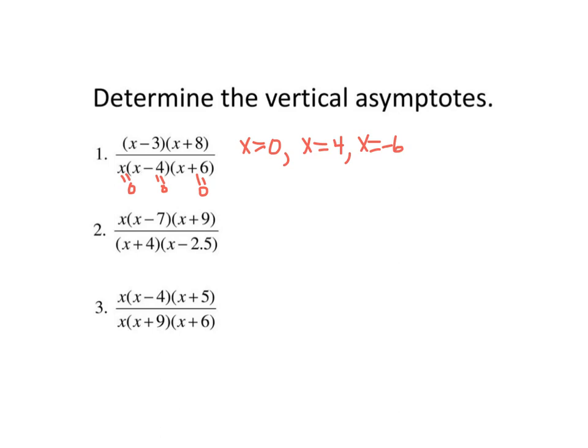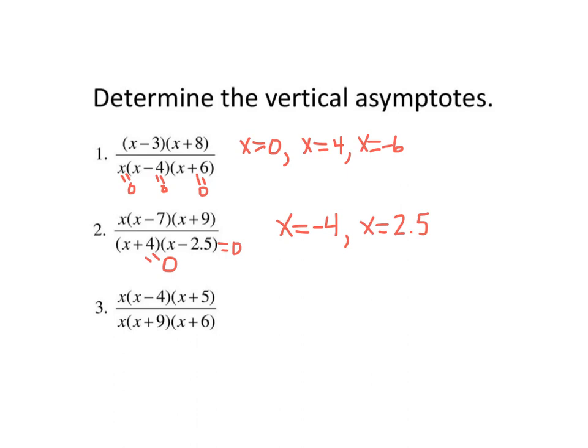In the next one, we don't have any factors that cancel. So if we set the denominators equal to 0, we're going to get the vertical asymptotes x equals -4 and x equals 2.5.